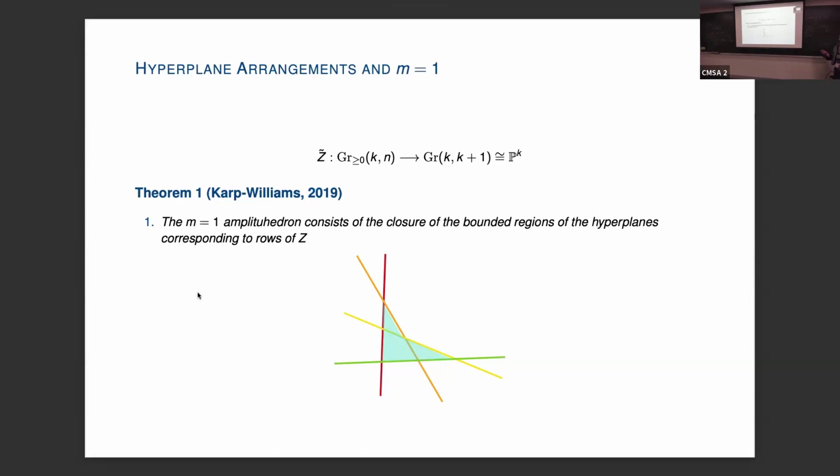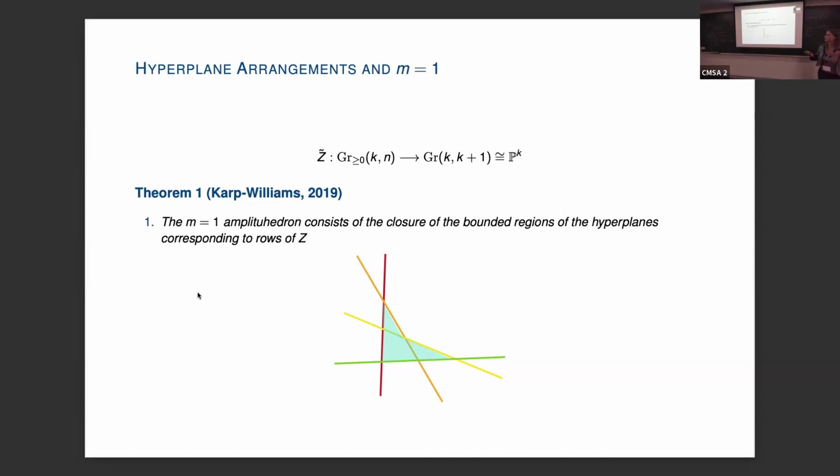All right, so Karp and Williams wrote a paper called "The m=1 amplituhedron and hyperplane arrangements," where they studied the m=1 amplituhedron. Since m=1, we're mapping from the positive Grassmannian to the Grassmannian k+1, which we can think of as P to the k. If k is 2, we can draw nice pictures.